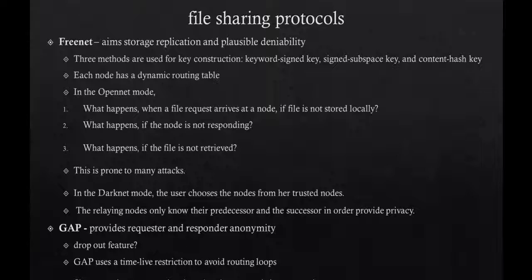It has an option called dropout. This option is special because if the node has too much load, it just drops out. The file request can either be sent to a newly selected node or to an existing connection. GAP uses a time-to-live restriction in order to avoid routing loops.